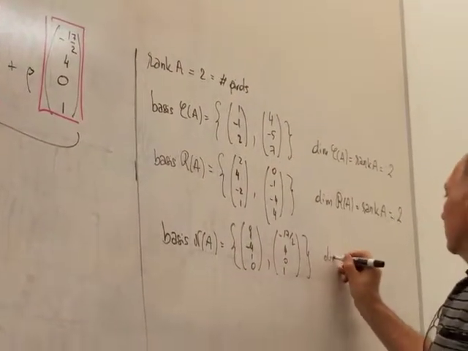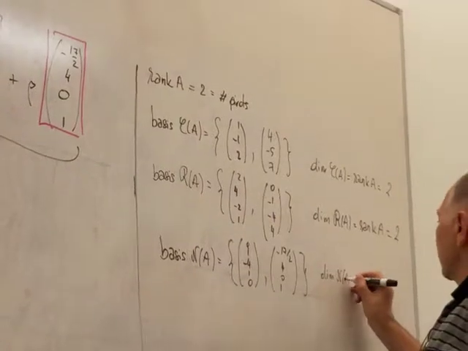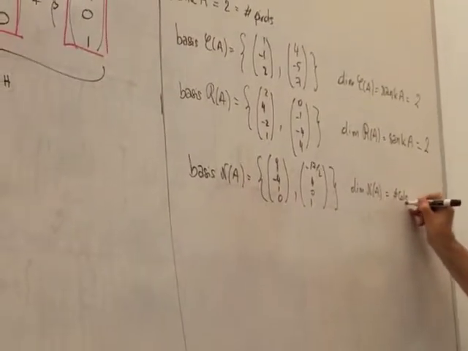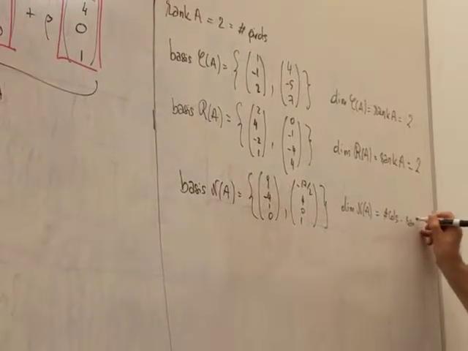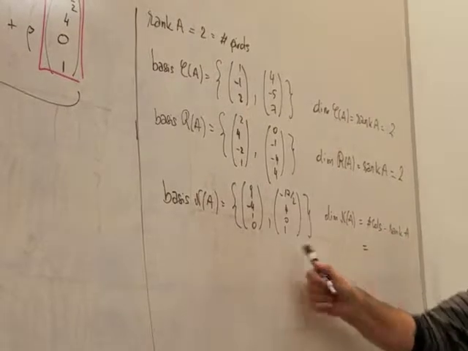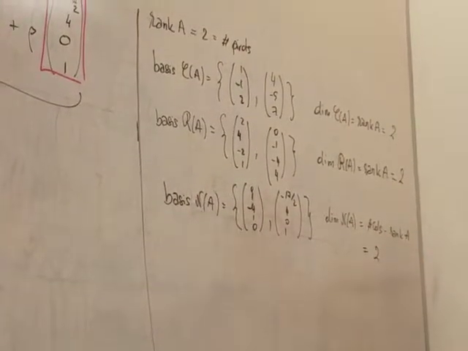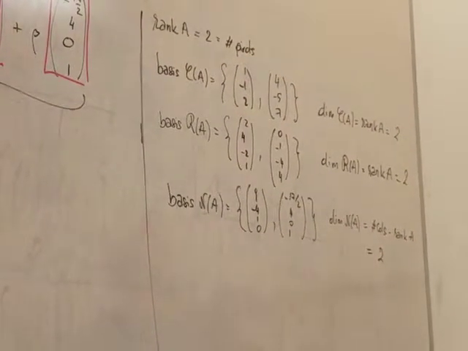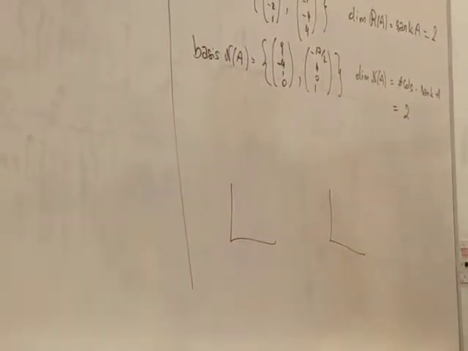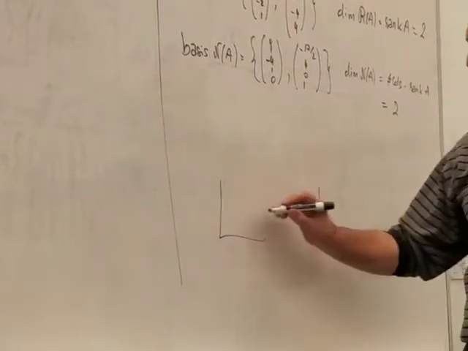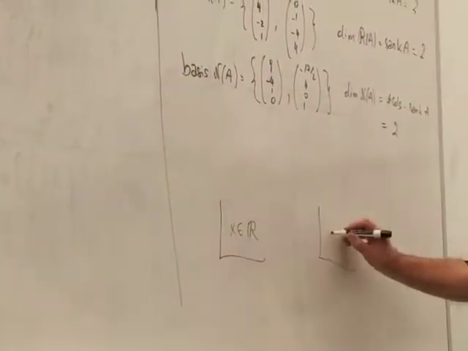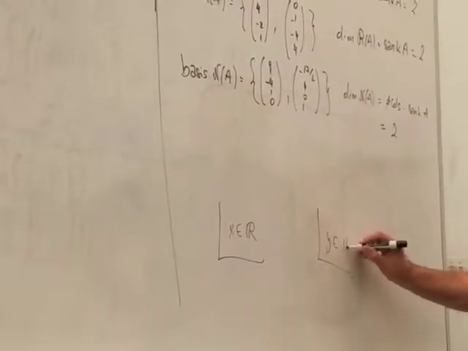The dimension of the null space of A is the number of columns minus the rank, so the number of free variables, is equal to, we've got 2 of them in here. And just for the fun of it, let's quickly think about the fundamental theorem and figure out the dimension of the null space of A transpose. So X belongs to something, Y belongs to another R.